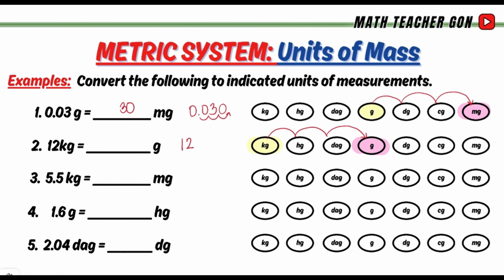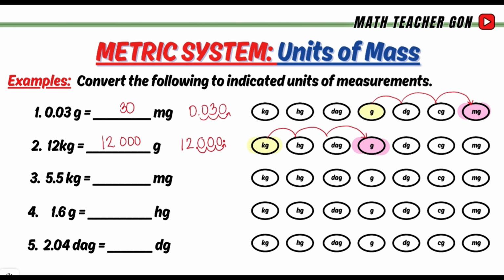For whole numbers, our decimal point is here. And then we move 3 units to the right. 1, 2, 3. For the missing areas here, we put zeros. So our answer here is 12,000.